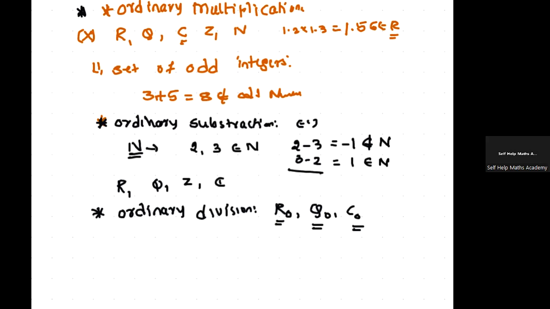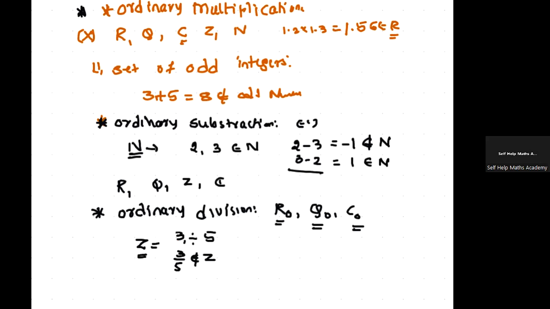What about the other sets? For example, if you take the set of integers, say 3 and 5, and take the ordinary division, this will be 3 by 5, which does not belong to Z. Therefore, on the set of integers and on the natural number set, ordinary division is not a binary operation.